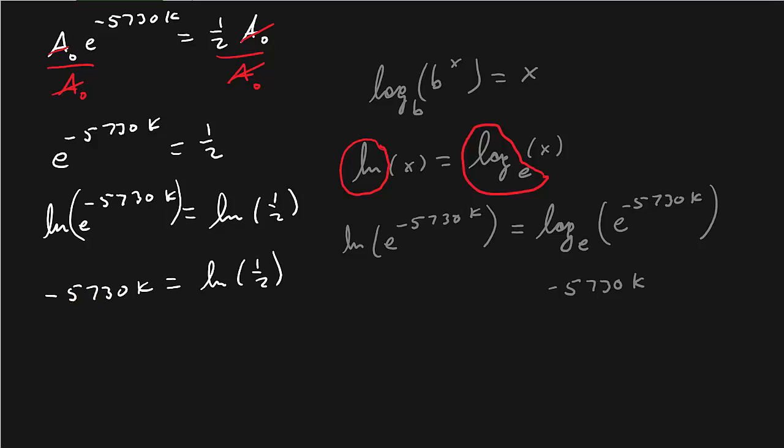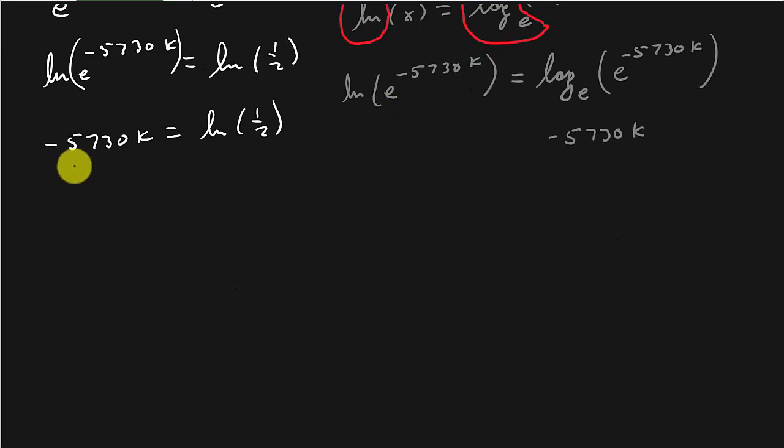So now we're going to divide both sides by negative 5,730.